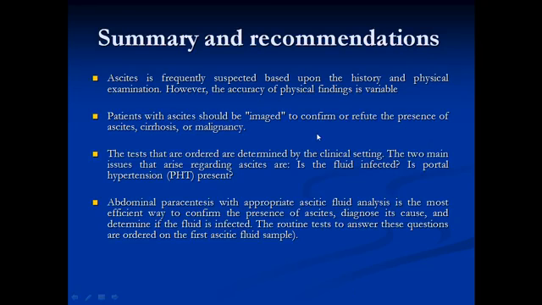So whenever we find a patient with ascites clinically, we have to perform ultrasonography or another imaging modality. Abdominal paracentesis with appropriate ascitic fluid analysis is the most efficient way to confirm the presence of ascites. So in case of ascites, we have to perform abdominal paracentesis. It is very much important for us.